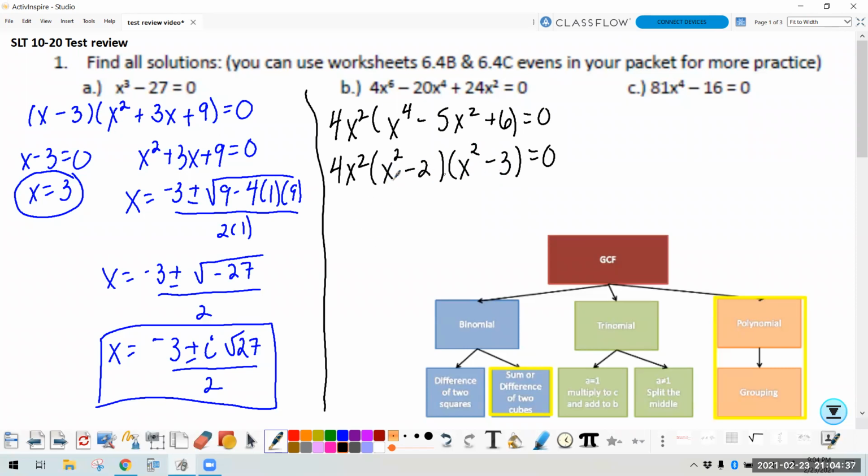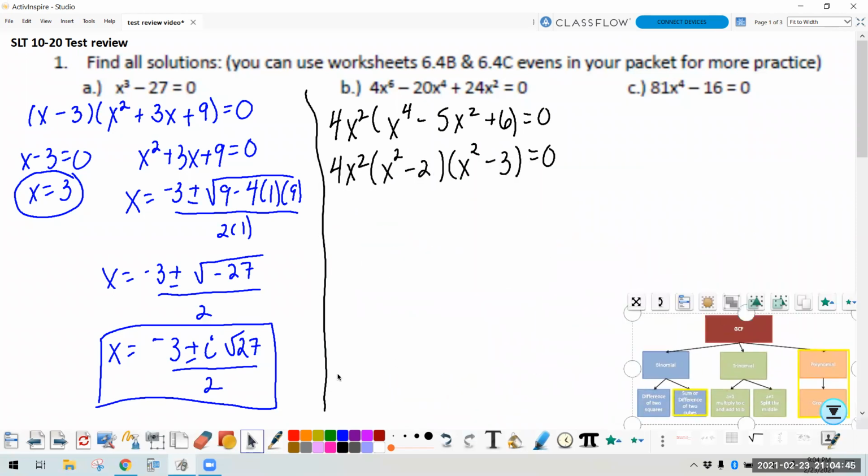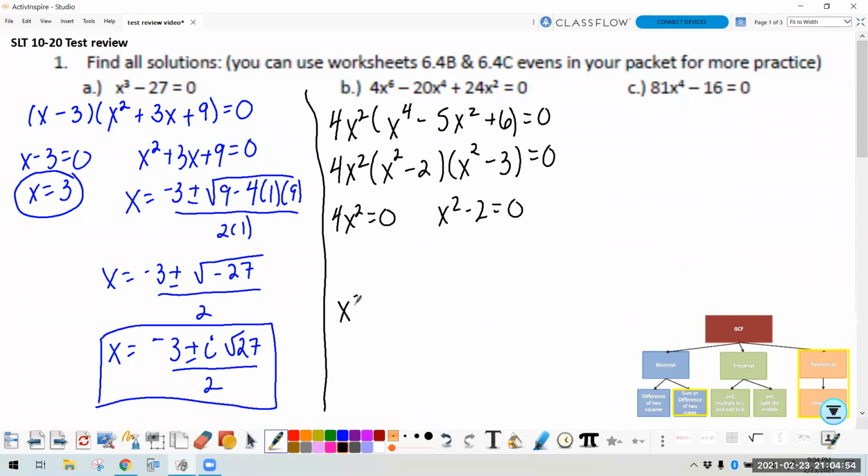Do these binomials factor more? They do not. So let's set each factor equal to 0, and we're going to solve each factor.